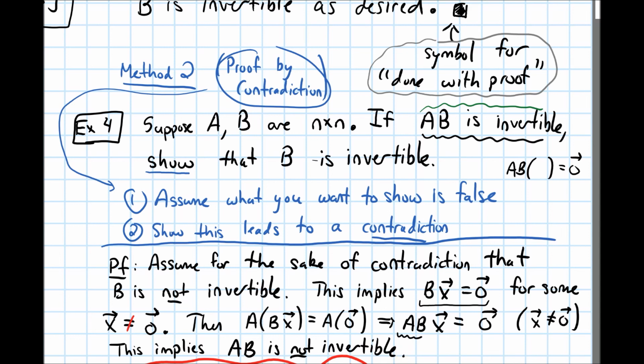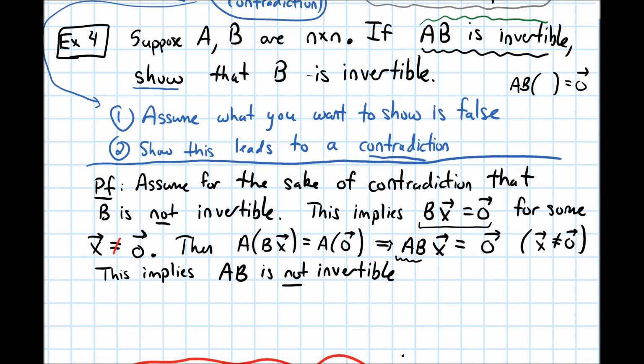Let me give myself a little bit more room to write here. But we've shown that A times B is not invertible, but that contradicts what I was given. I was given that A times B was supposed to be invertible, which is, I'm going to put this in red, a contradiction.